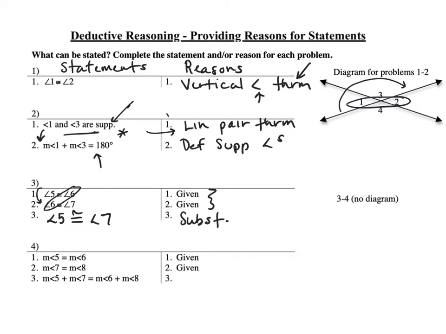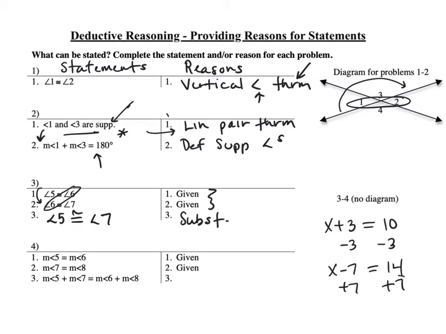More given. The measure of 5 is equal to the measure of 6. The measure of 7 is equal to the measure of 8. So this is like in an equation when we say x plus 3 equals 10, and we do the same thing to both sides, like we subtract 3, or if we had x minus 7 equals 14, we could add 7 to both sides.